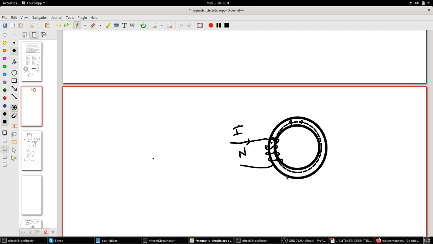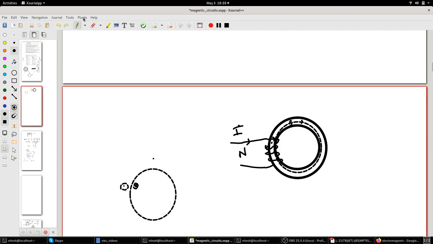Now if I calculate this flux, I will get a diagram something like this. These are your magnetic field lines, and there is a current which is going in here and a current which is coming out on this side.